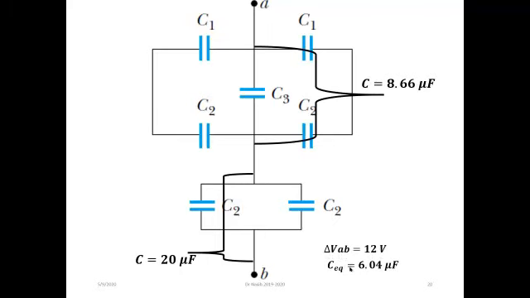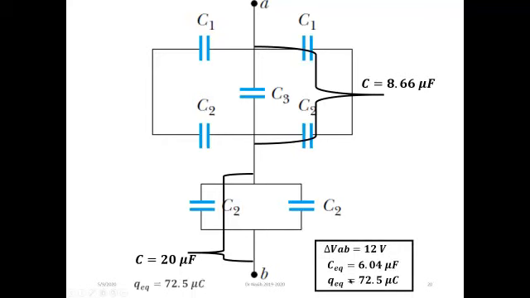So the total charge in the circuit is C times delta V, which is 72.5 microcoulomb. The lower part and upper part are in series, so the charge on this part is equal to the total charge, as you know, in a series combination.